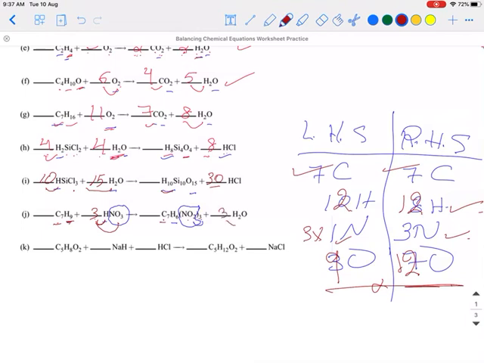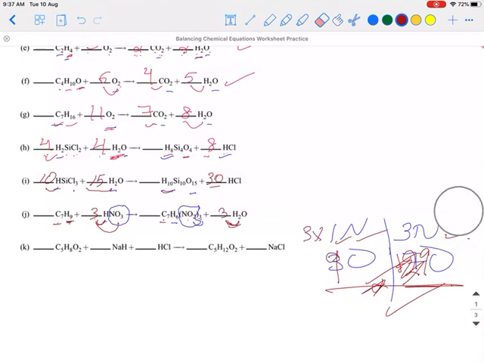Here we have 6, so this should be 3, because 3 by 2 is 6. Now it's fine. 6 and 6, 12 hydrogen. Now it's fine. 3 nitrogen, it's okay. And oxygen, 3 by 3, 9, and 3 by 2, 6, plus 3. Now the equation is balanced.